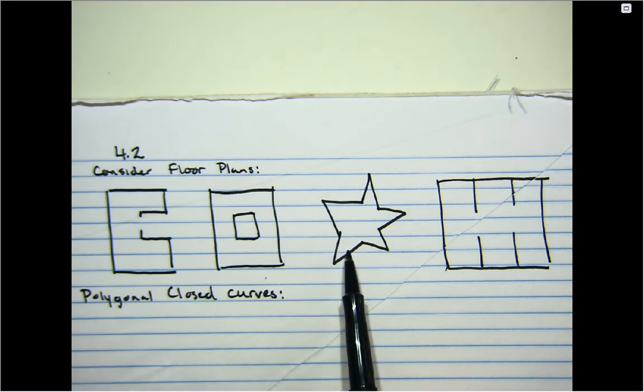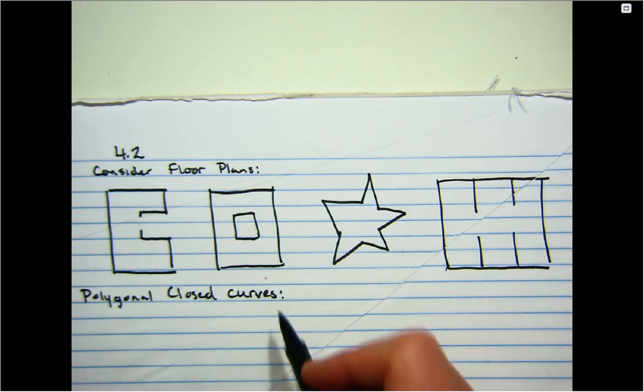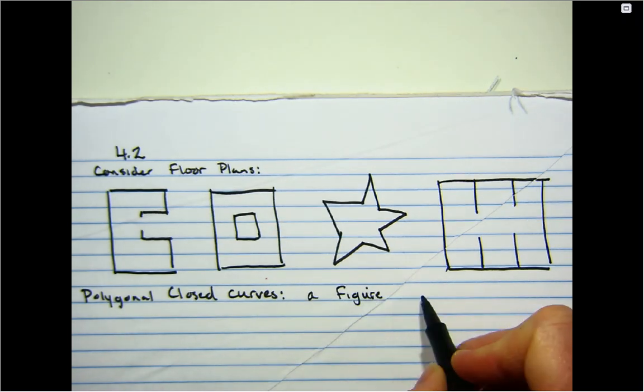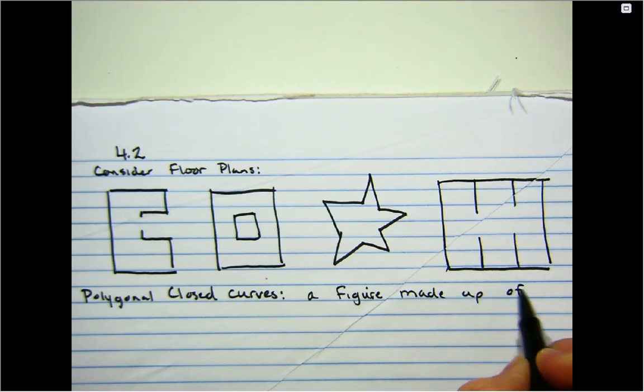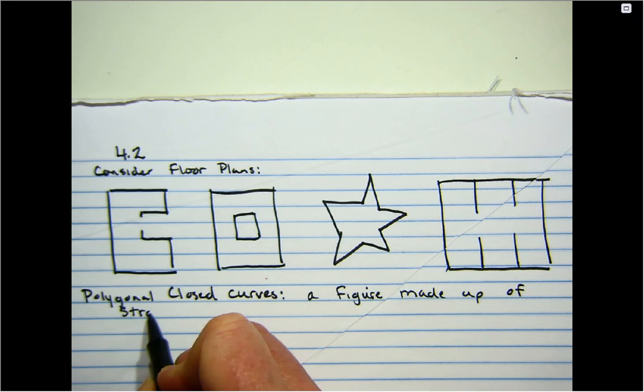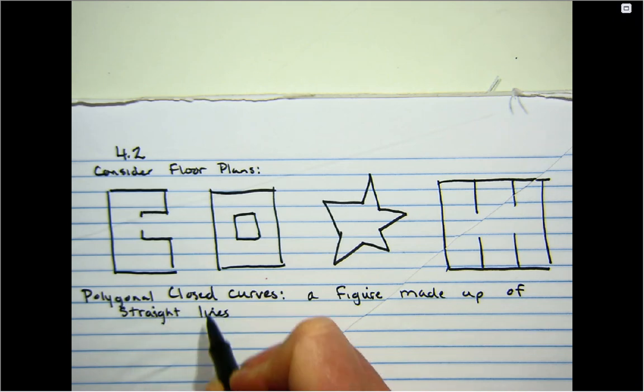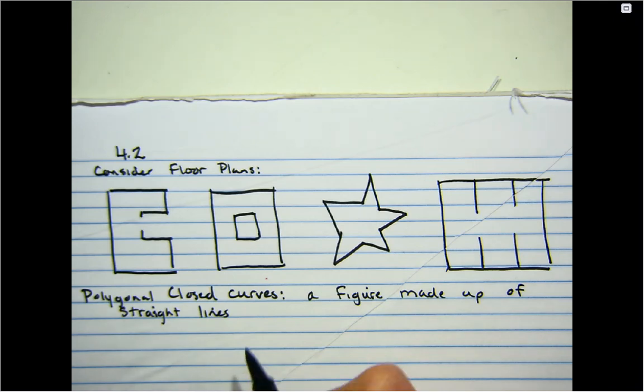So a polygonal closed curve is a figure made up of straight line pieces, not straight lines.